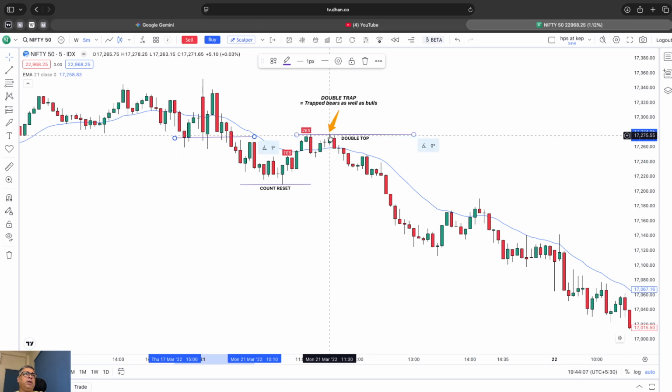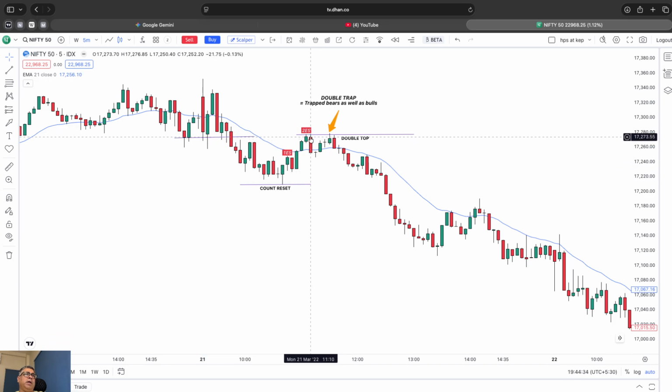It trapped me, the bears who were hoping that the market will fall, but the bulls are also there who are thinking that the market is going up. The second entry short will fail, but then suddenly a red bar comes up which breaks the low of the previous bar. It confirms that the second entry short is valid.